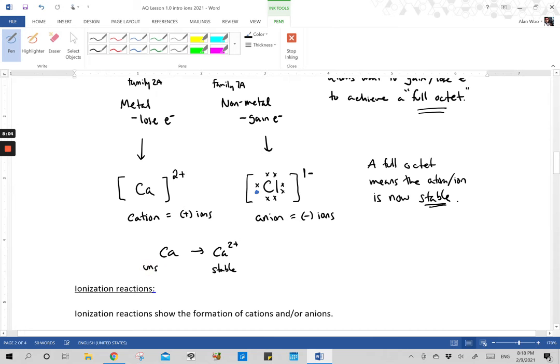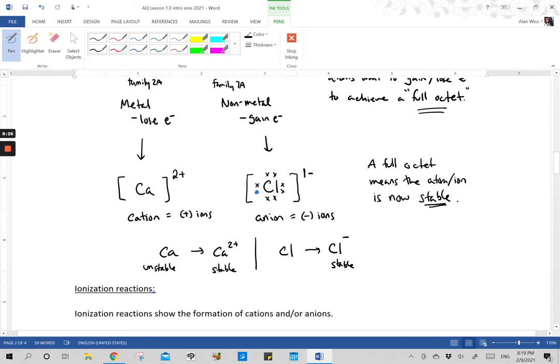This is the unstable version of that substance. Okay, and similarly, when we have Cl as a neutral atom, it will have to gain electrons to become Cl-. Okay, again, ions tend to be more stable than the neutral atoms.